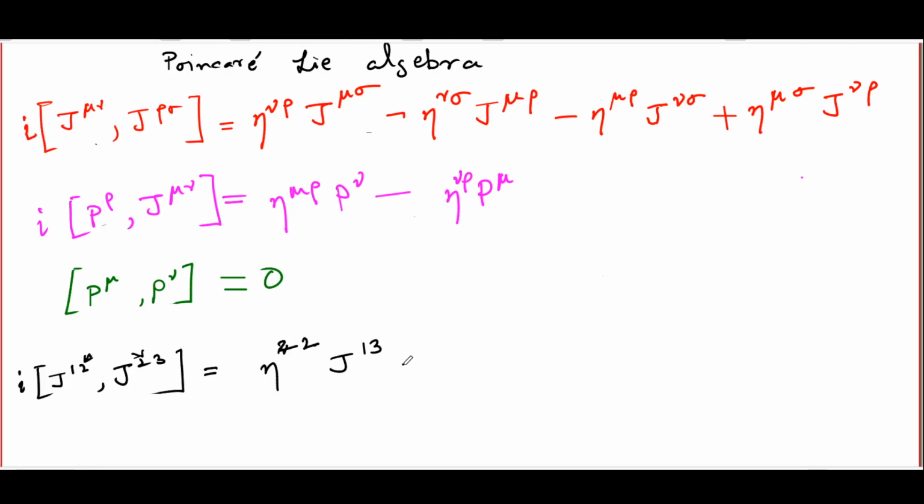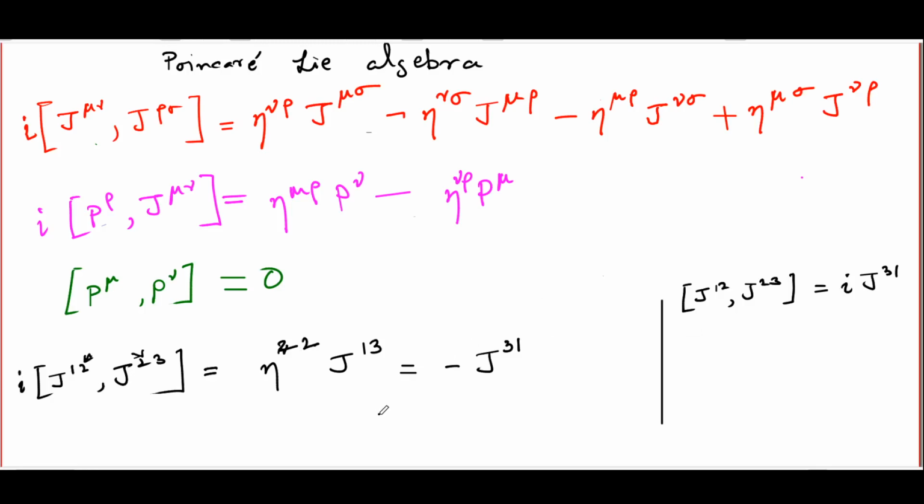Now, eta 22 of course is plus 1, and J13 can also be written down as J31 with a minus sign, so you can write this as minus J31. So, we can write J12 and J23's commutator as I times J31, where all I have done is move this I to the other side.